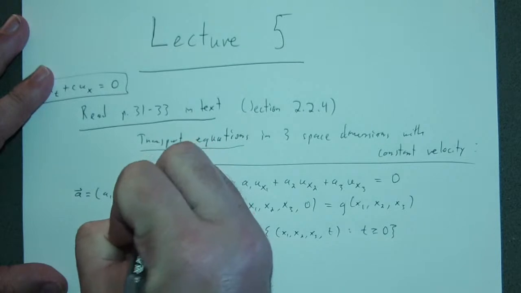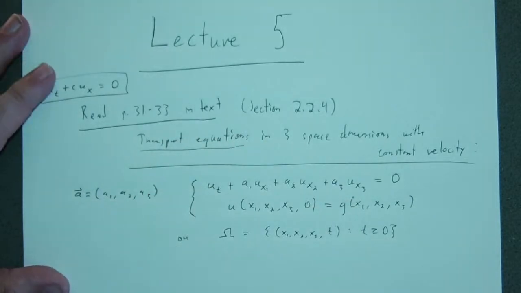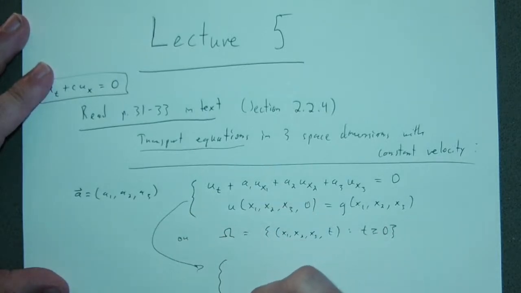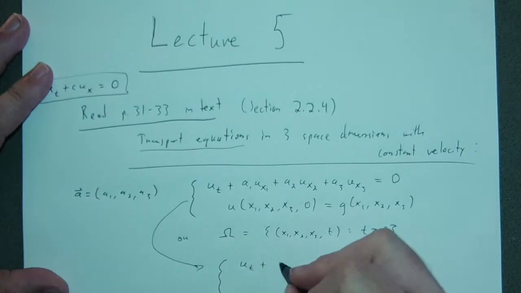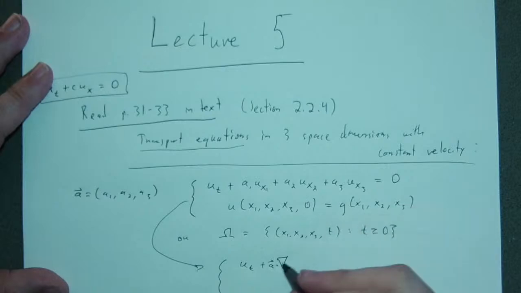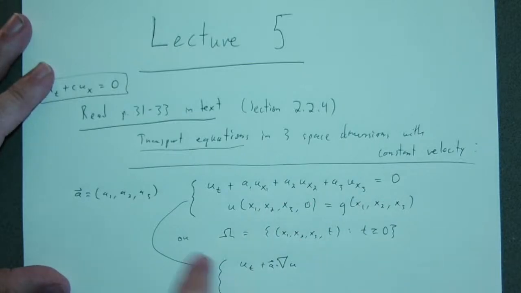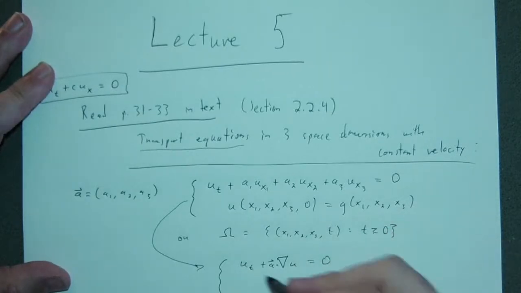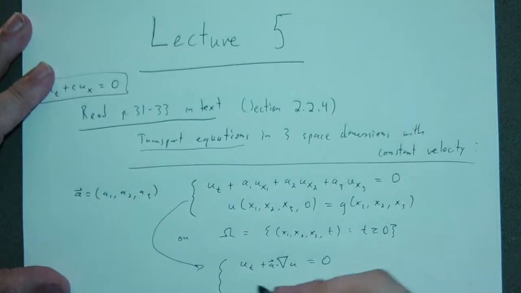So if I write my vector A like this, I can easily rewrite this in vector form. This PDE can be rewritten as u sub t plus A dotted with the gradient of u, where the gradient here is the spatial gradient. It doesn't include the t slot here. So this is equal to 0.